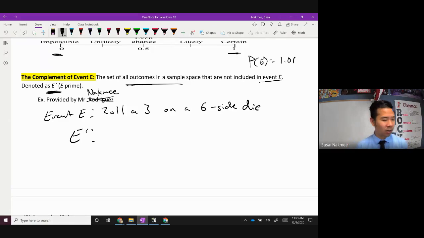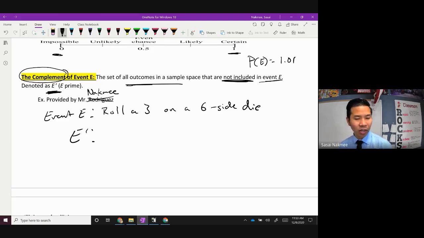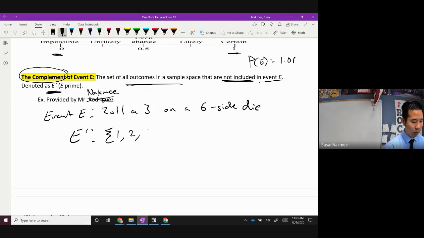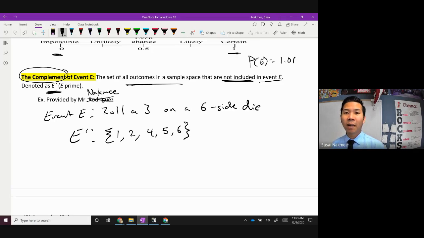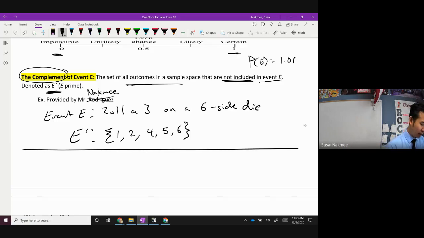E prime is considered the complement, meaning it's everything that is not included in event E. So if event E is rolling a 3, E prime, or the complement of E, would be rolling everything else besides the 3. It would include 1, 2, 4, 5, and 6. That's all the complement means, by the way. So if you're calculating the probability of one thing happening, the complement would be everything else that's not included in that event.